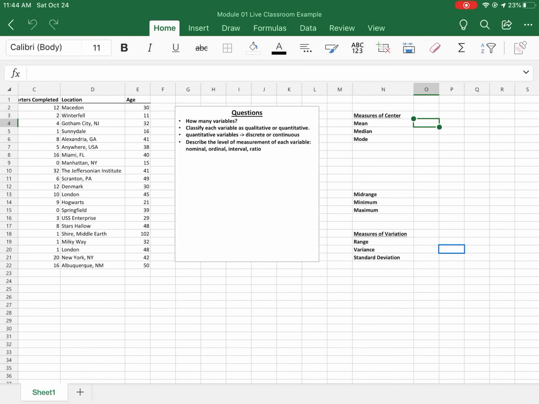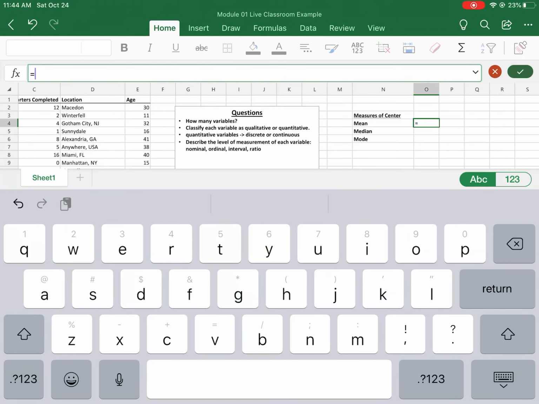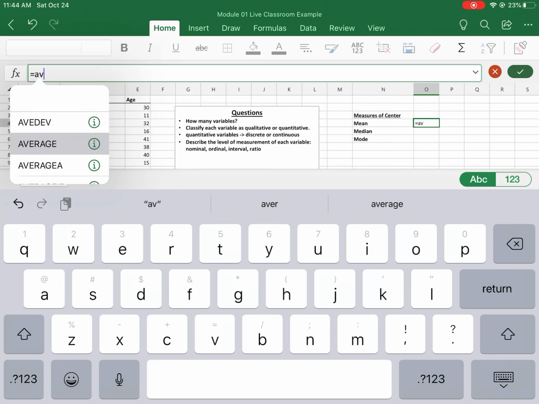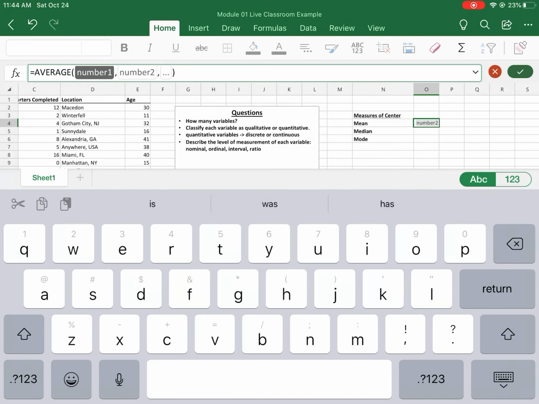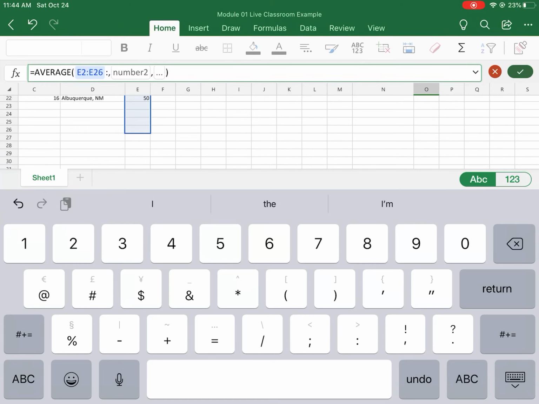So we'll start with mean. Remember, your mean is equal to your average. I'm at E2, and then I'm going to go down, and I can highlight this, or you can also just type it in. And I'm going to get rid of this extra stuff.